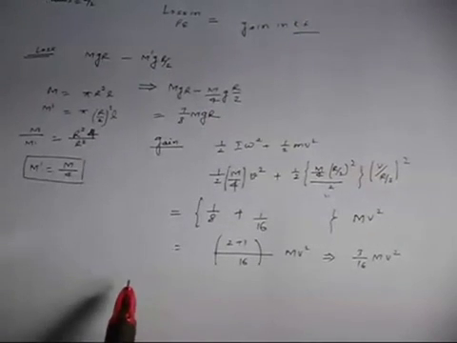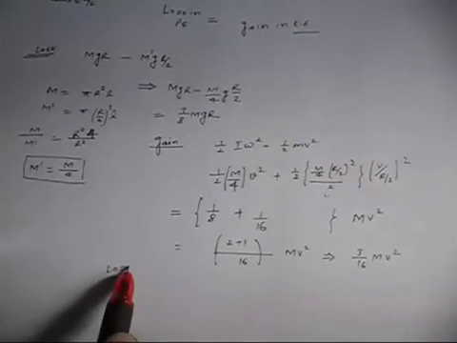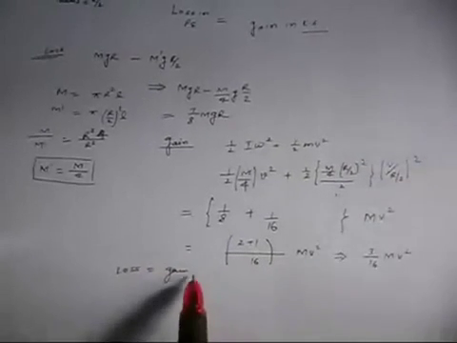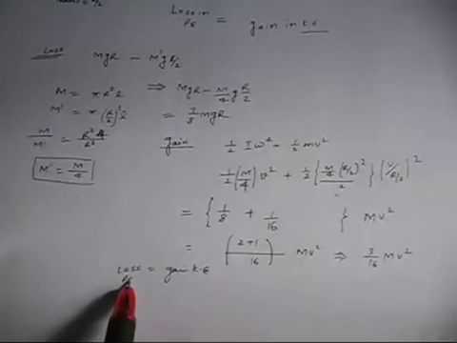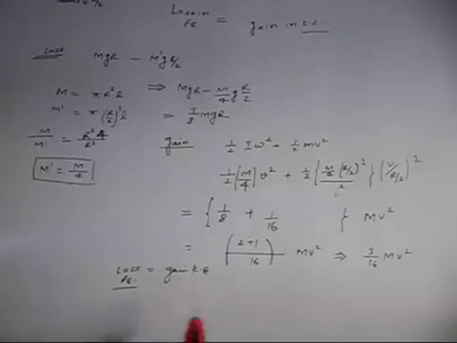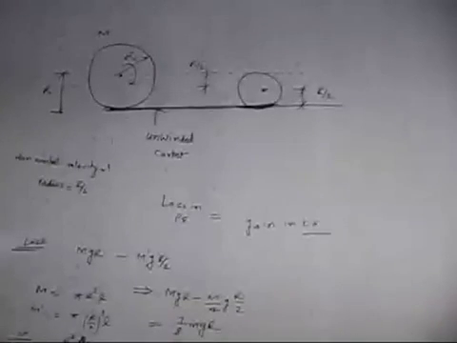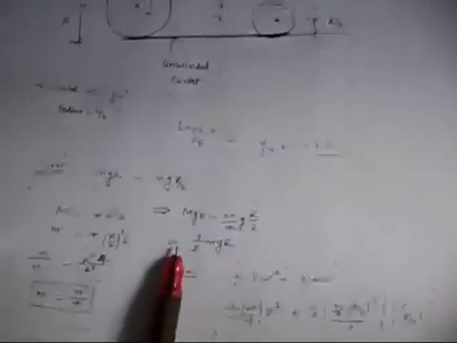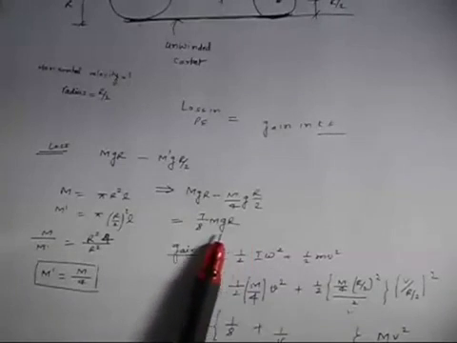So let me equate this. Loss is equal to gain. So loss in potential energy equals gain in kinetic energy, both should be the same. We have already calculated the loss in potential energy, which is 7 by 8 mgr.